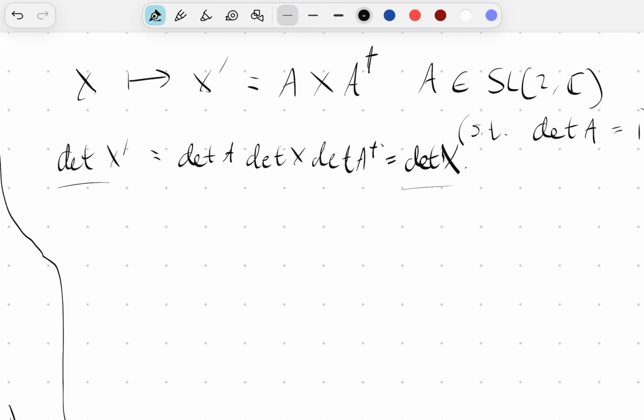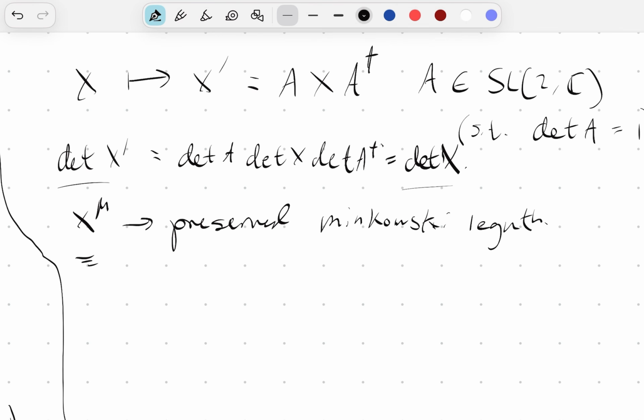Thus, we have the invariance. This induced transformation on x mu preserves Minkowski length. All right? It's a Lorentz transformation, ultimately.